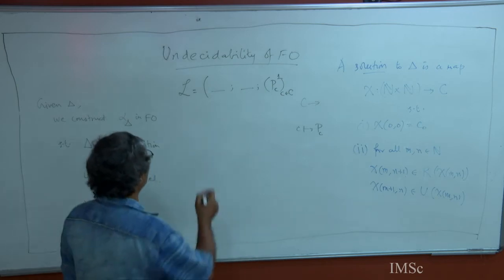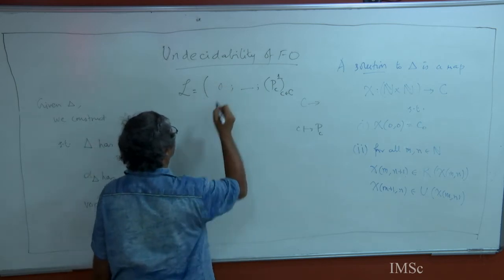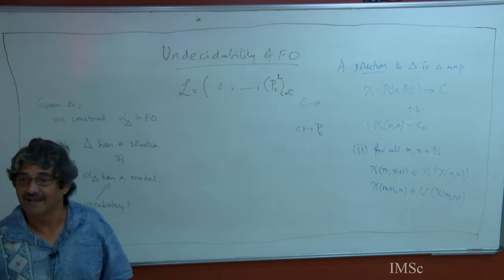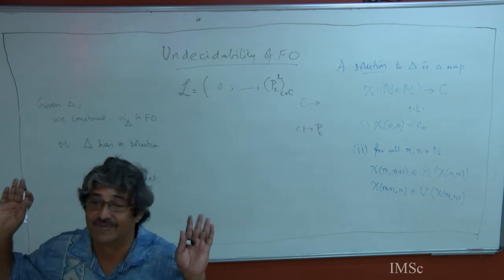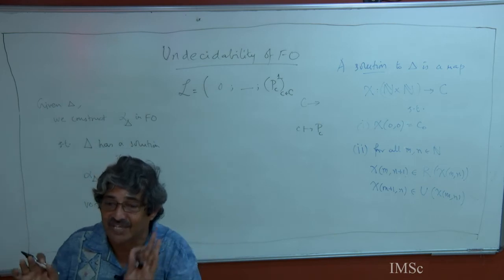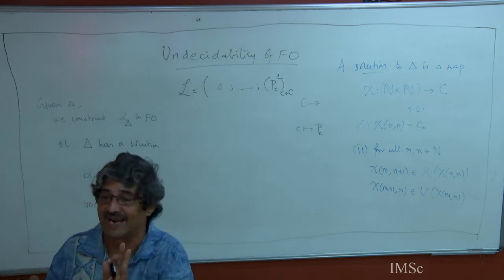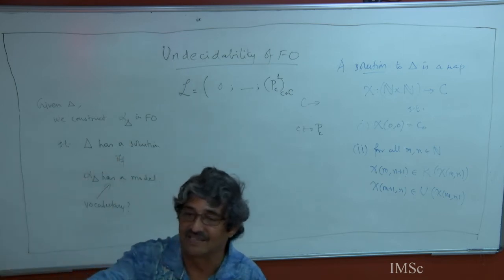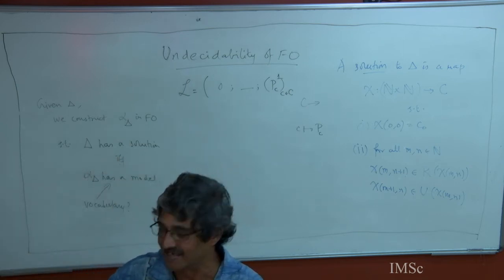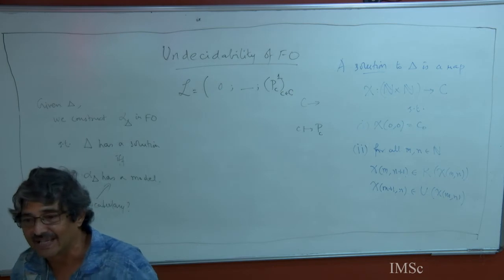So maybe I can talk about a 0 element of the domain, which maps to 0, 0. So the constant symbol 0 maps to the origin. That's your intended interpretation. That's fair enough. And then what else do I have?